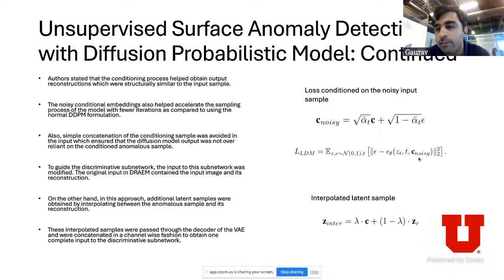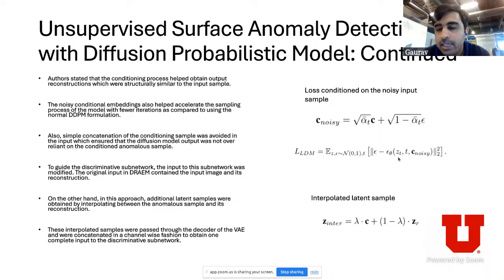So it's very likely that C noisy is also conditioned on that particular time step at which the noise is generated. Although it was being conditioned at training time, the exact conditioning mechanism was not specified, so it would not be easy for me to say if C noisy corresponds to the same time step or not.